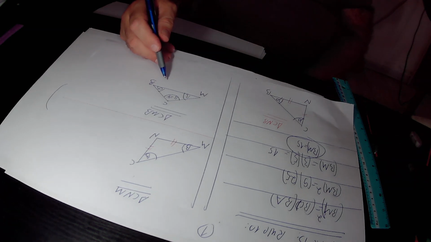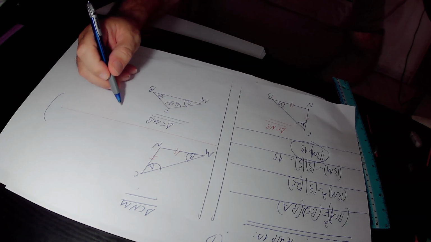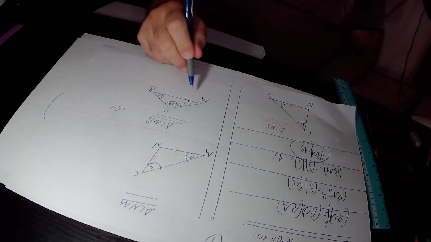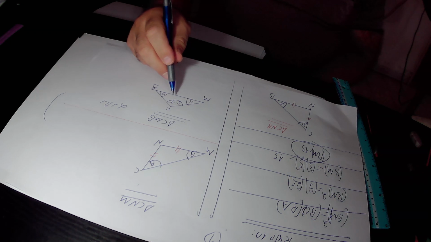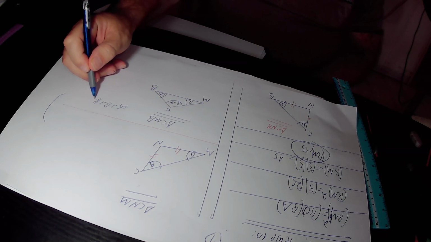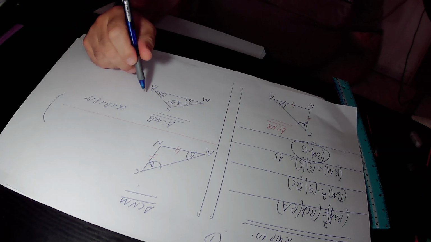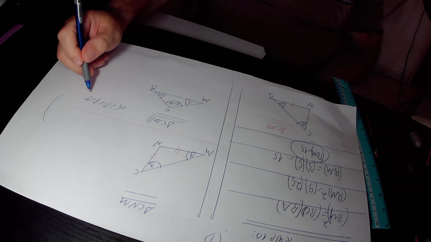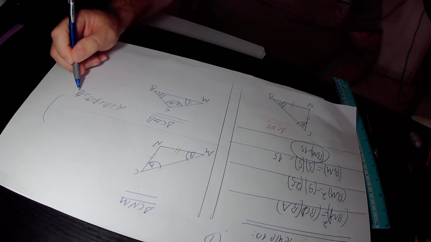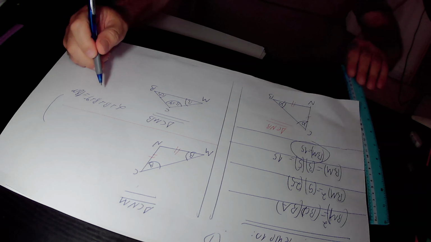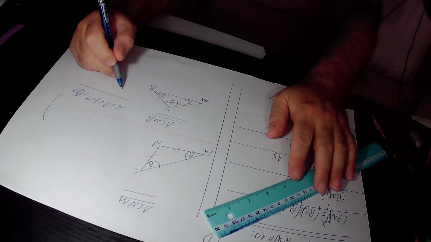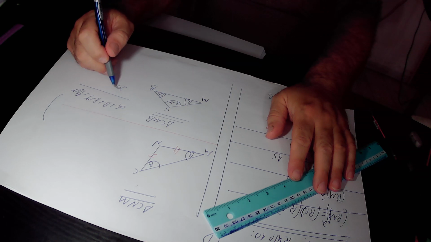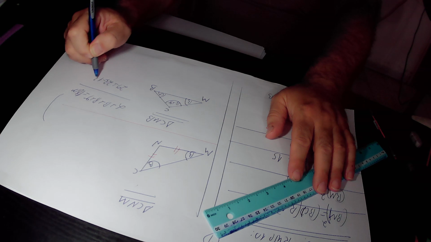We have this angle that is alpha, plus this angle that is beta, plus the big angle that is beta plus alpha. In total, the sum of those angles must be equal to 180 degrees. So in this equation we have alpha plus alpha is 2 alpha, beta plus beta is 2 beta, so we have 2 alpha plus 2 beta equals 180 degrees.